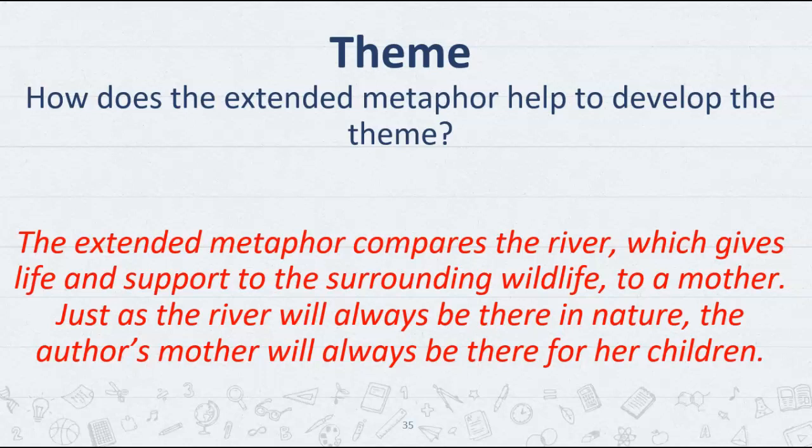What happens in the passage to communicate that theme? And then with this passage, we took it even a step further and we zeroed in on a specific item, this extended metaphor. And we can really look at how that metaphor helps to develop the theme of this eternal bond between a mother and children.